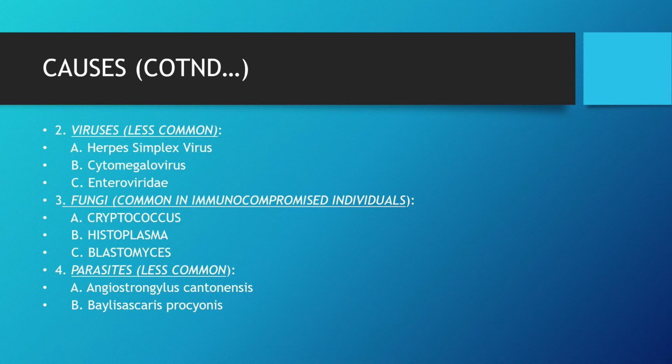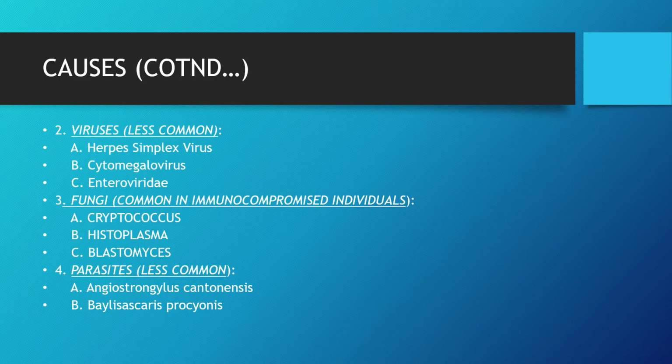Viruses, fungi, and parasites most commonly cause chronic meningitis, and these are overall the least common causes of meningitis. Viruses that can cause meningitis include the herpes simplex virus, the cytomegalovirus, and the Enteroviridae family of viruses.